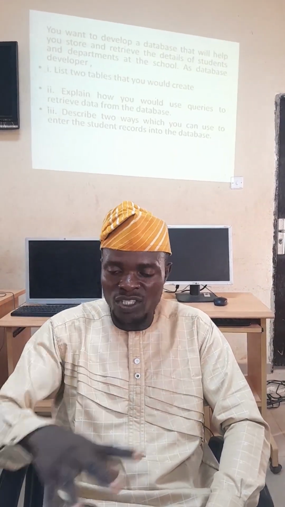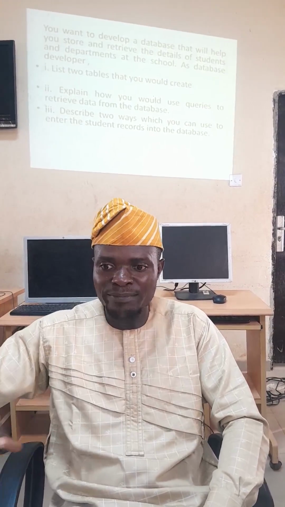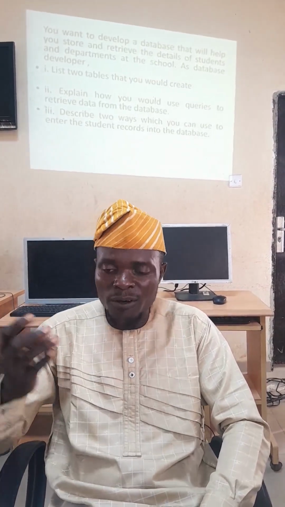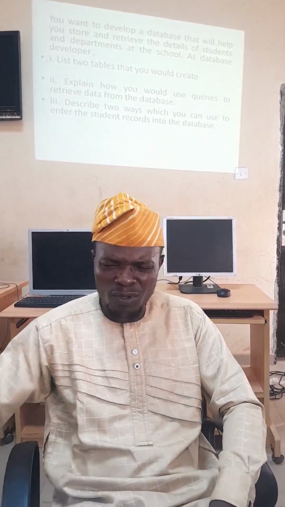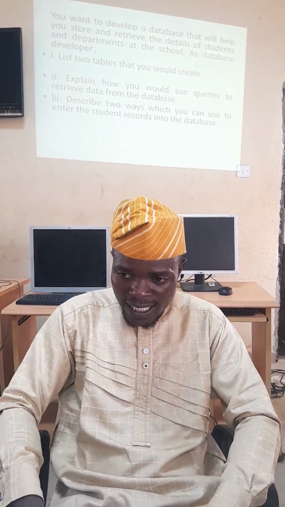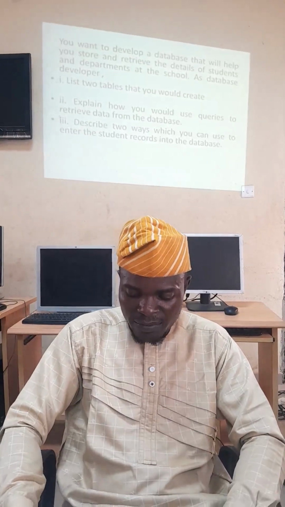In the student table you have the details of students, their names, matric number, and other basic information. Then you have the department table, wherein you have the department code, department name, and other information you need about a department.